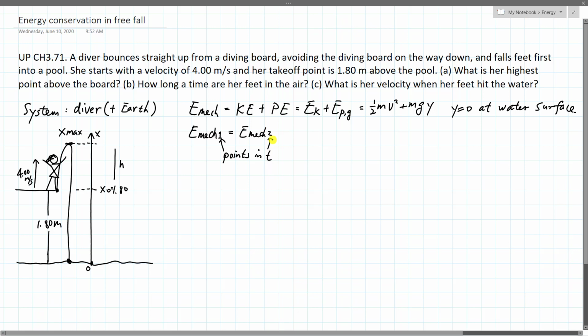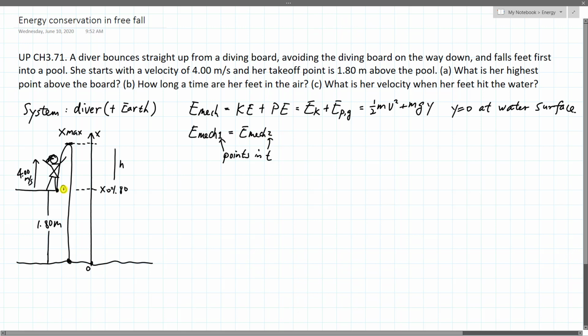And this question has the whole jumping off, getting the maximum height, and then falling, feet first, into the water. So there are two separate later locations if this is chosen to be right here. So let's put this in a circle.